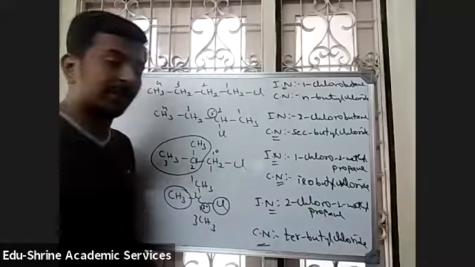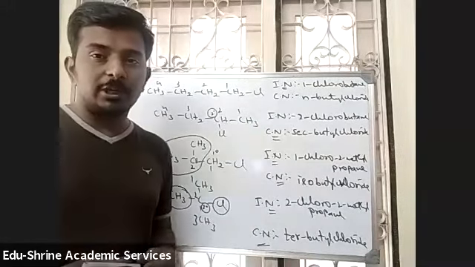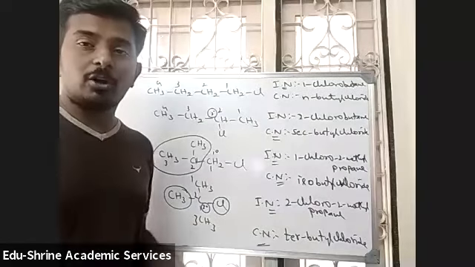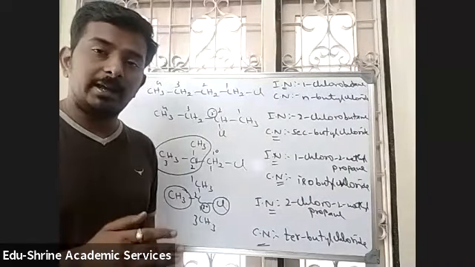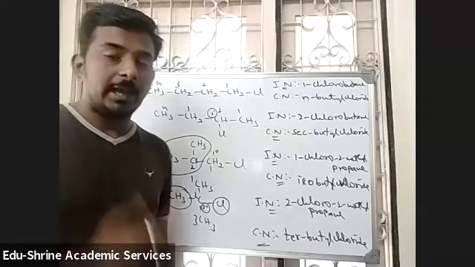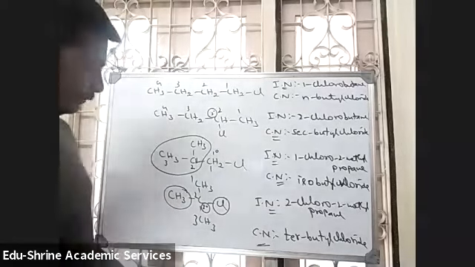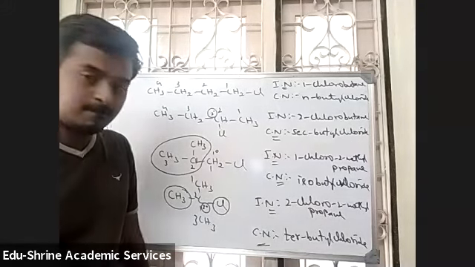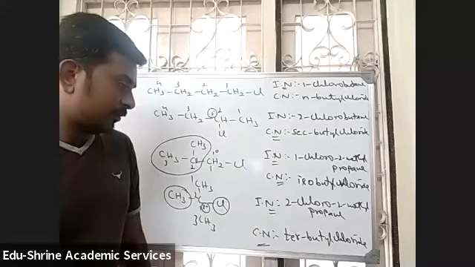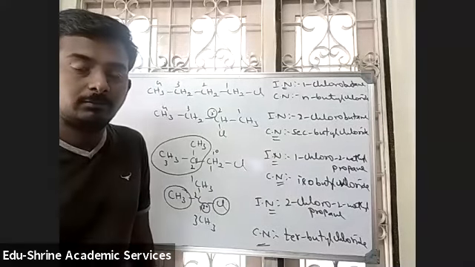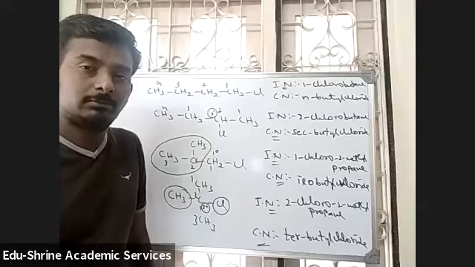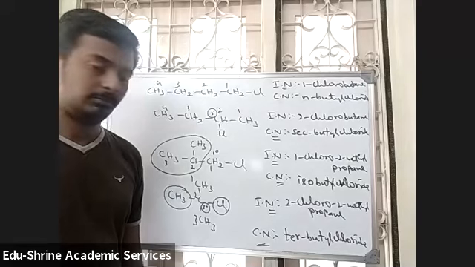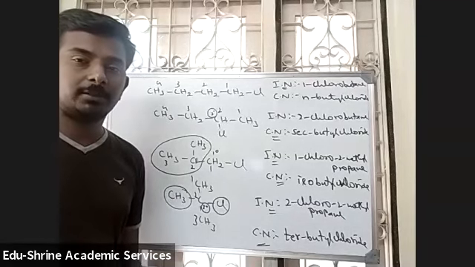In this way you need to write the names for alkyl halides. The common name is alkyl halide, and the IUPAC name is haloalkane. Completed.